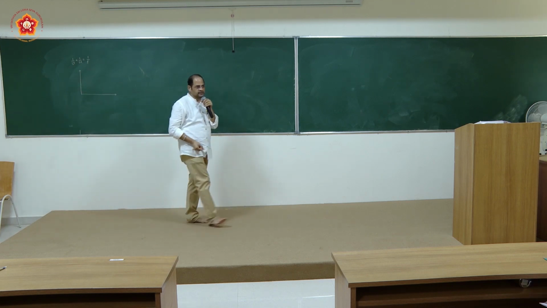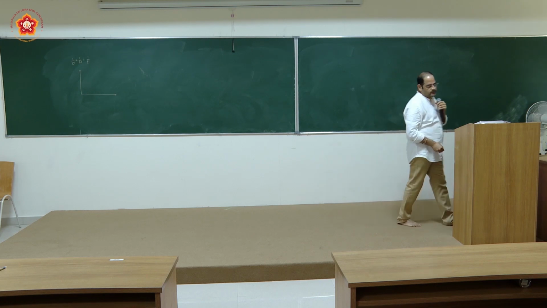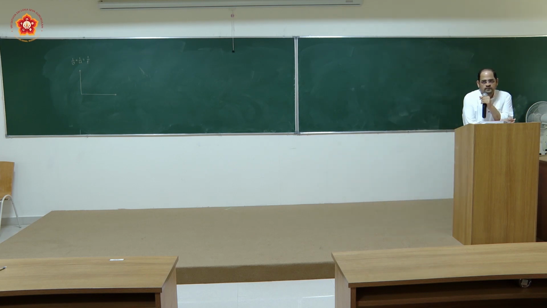What will be the nature of graph between 1/v and 1/u? What will be the nature of graph for this equation? Speak loudly.